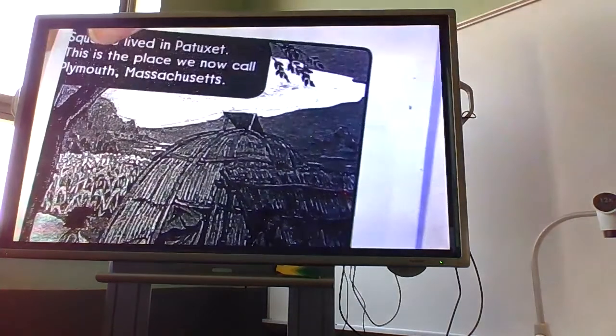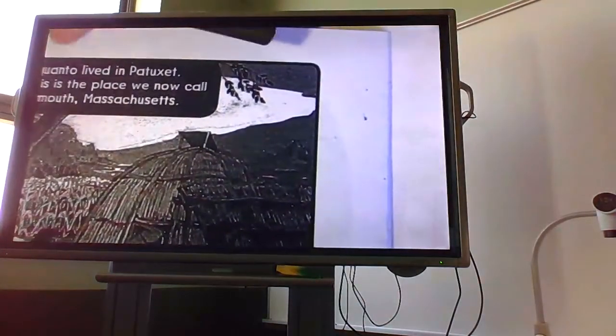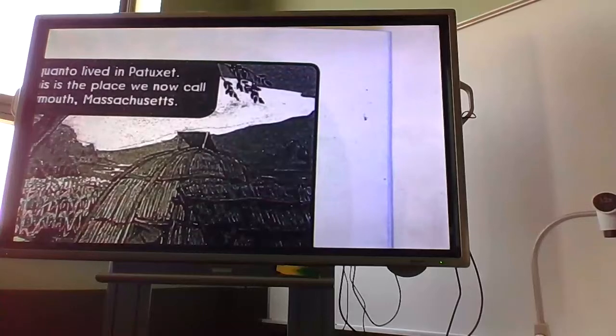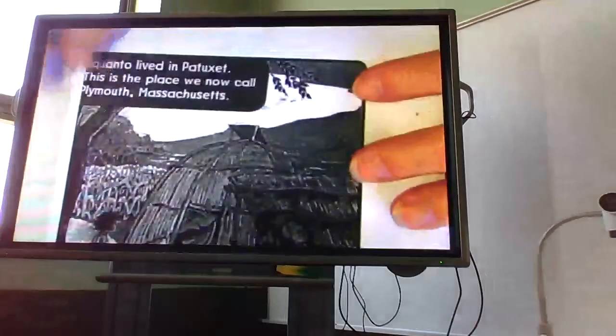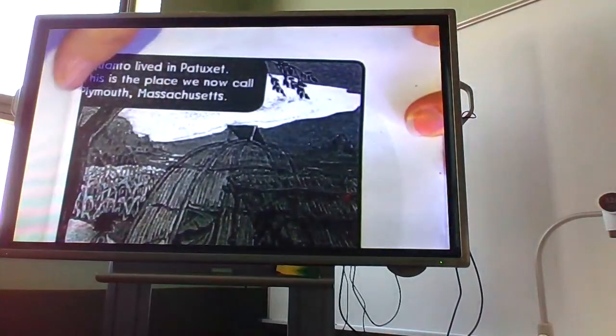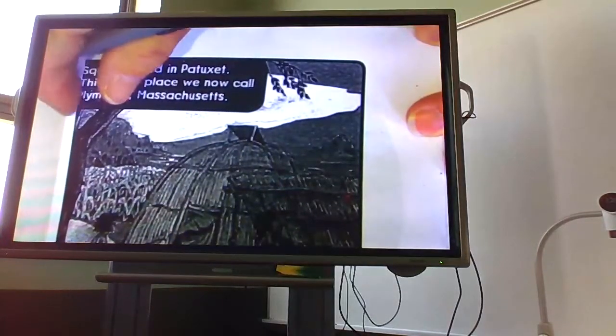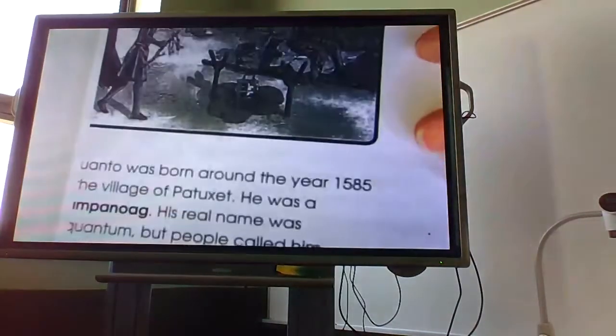When we look at this page here, it looks like some of your words may have been cut off, but hopefully they're not too bad. So let's look down here at the bottom.